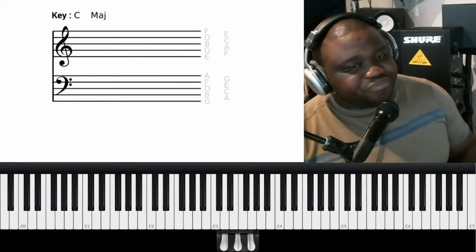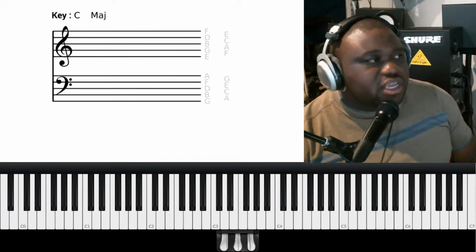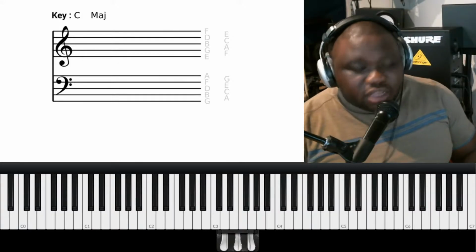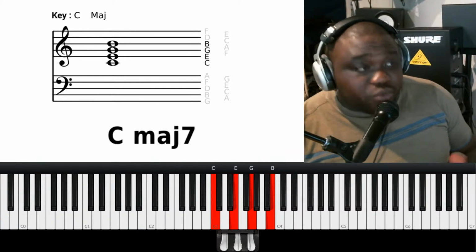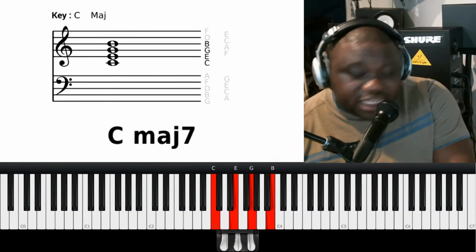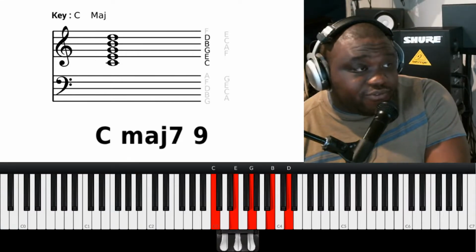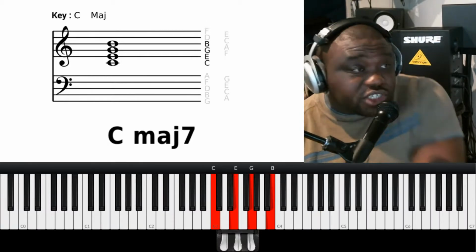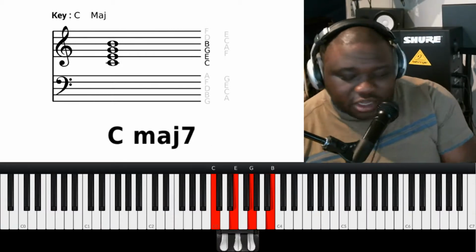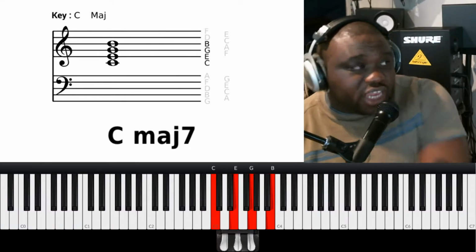So just understand those basics. We have also learned the adds and the extensions. Once we have this 7th, we want to extend it. We have our extension 9, which is a 2, our extension 11, which is a 4, and our extension 13, which is a 6. Which is 2, 4, 6.